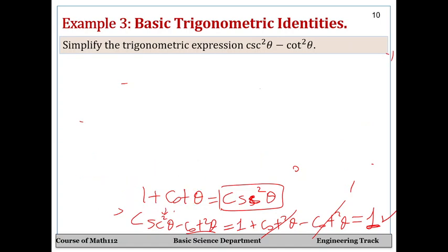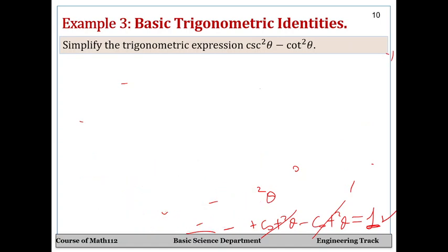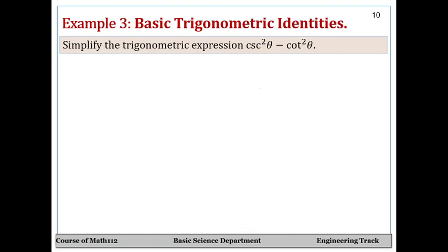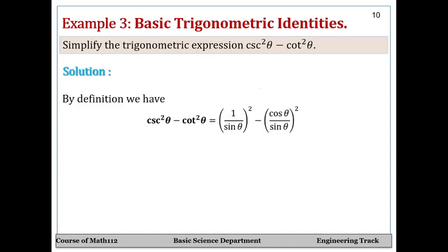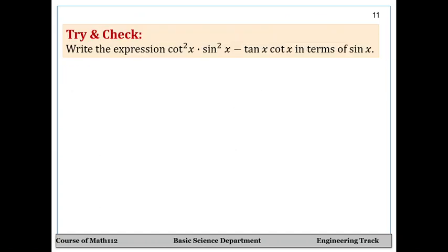You can say, let me write cosecant as 1 over sine, cotangent as cosine over sine, and then you can proceed. So it depends on your experience and knowledge. Okay. This is the second method I explained.